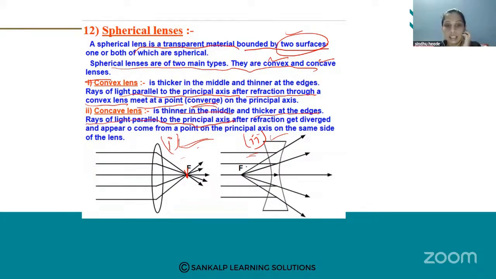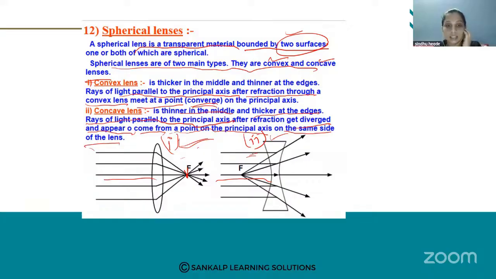Again here the rays of light are parallel to the principal axis. After refraction, they get diverged and appear to come from a point on the principal axis on the same side of the lens.